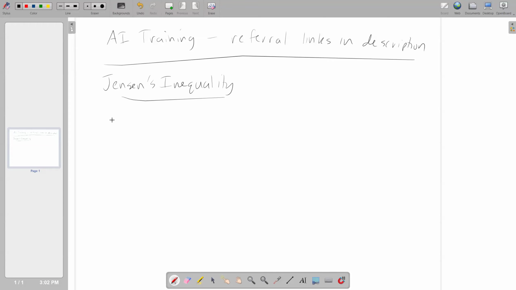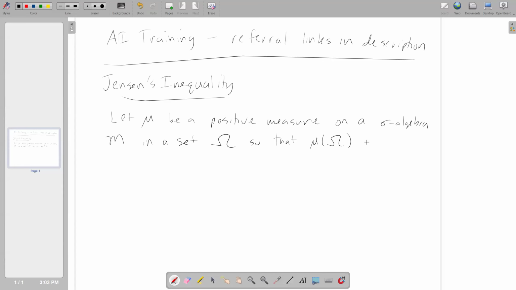Let mu be a positive measure on a sigma algebra in a set omega, so that the measure of omega is one.